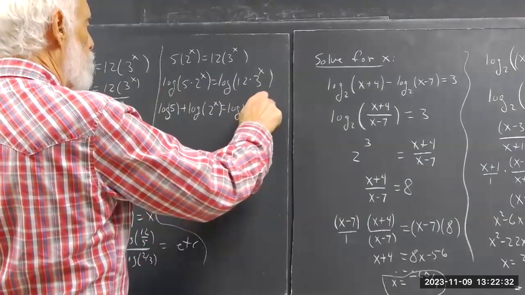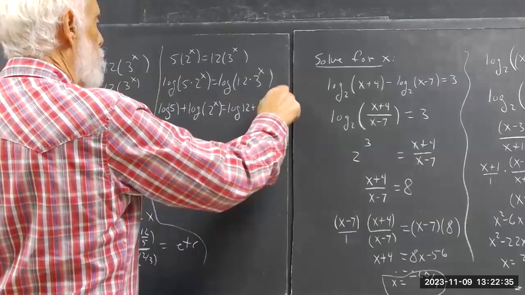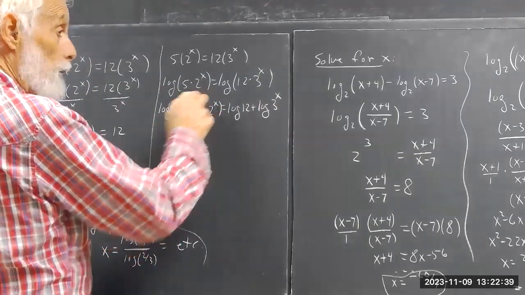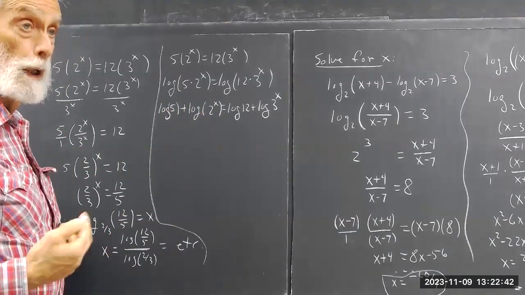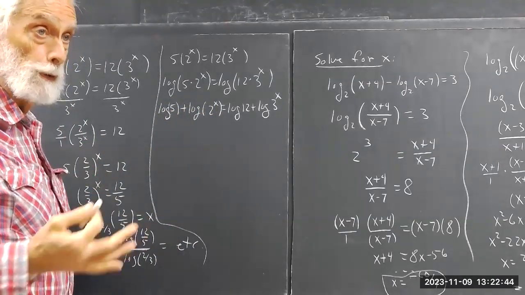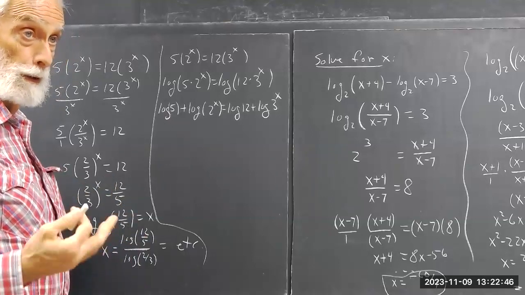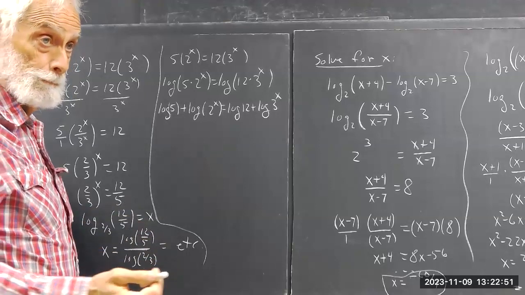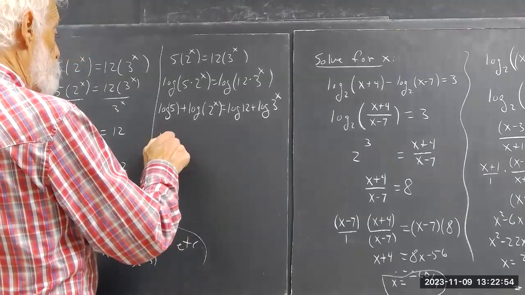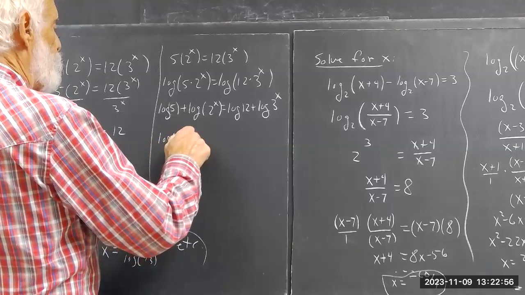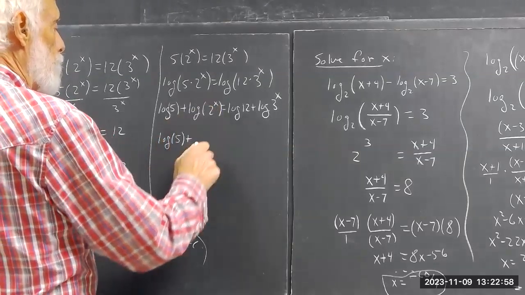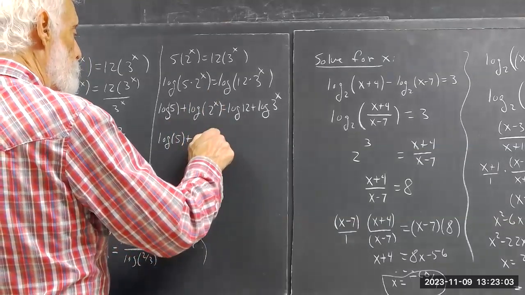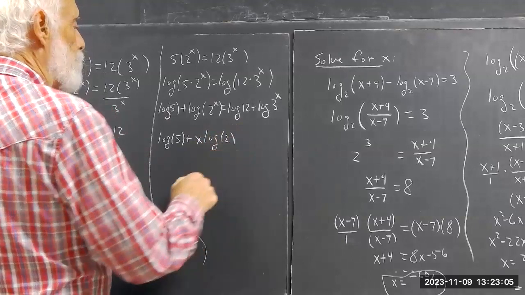This is the log of 12 plus the log of 3 to the x. Okay. What's the log of 2 to the x? Now again, we're using the properties of logs that you haven't practiced a whole lot. Just kind of demonstrating them. And we'll probably do examples like this later, but you're going to see it in homework. Okay. Log of 2 to the x. The log of a power, you can bring the power out front. It's x times the log of 2.